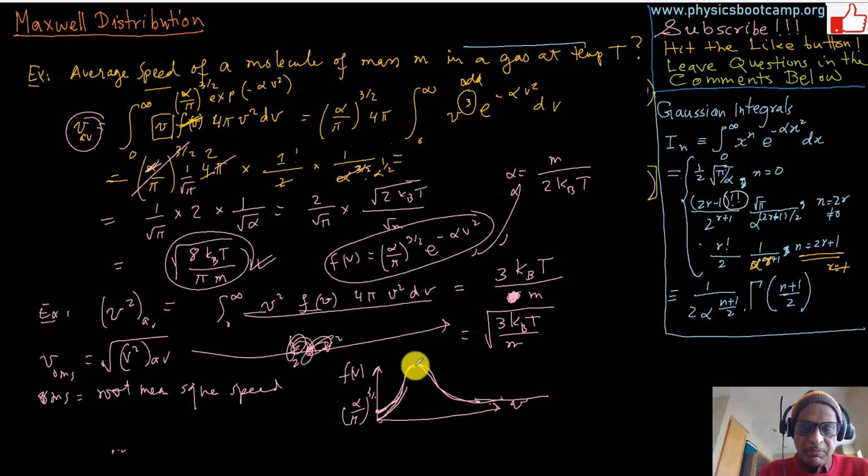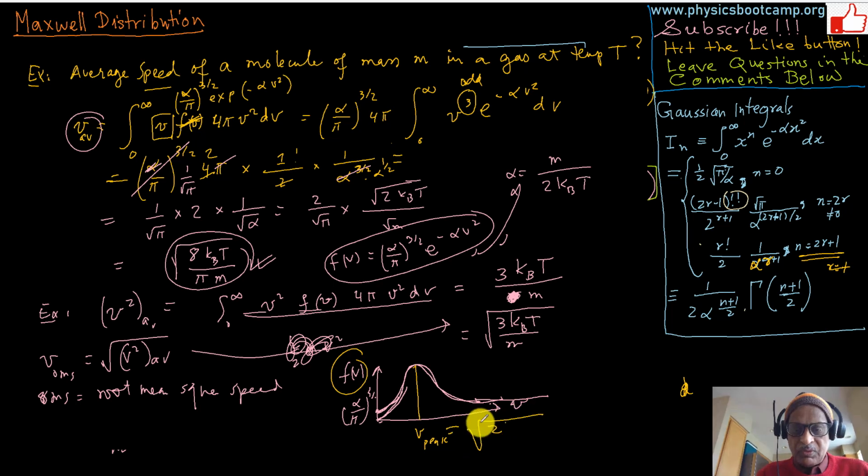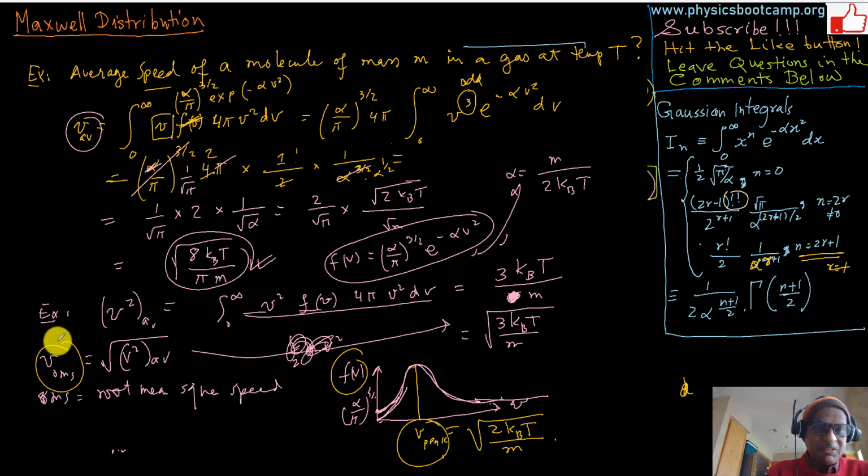So where is this maximum? This V is called V at the peak. If you take a derivative and set it equal to 0, you get yet another speed, and this turns out to be square root of 2 kBT over m. So we have one measure of speed, another measure of speed, and a third measure of speed.